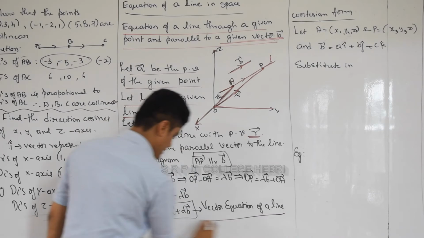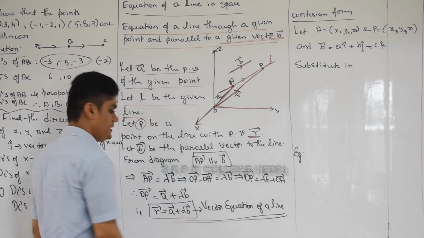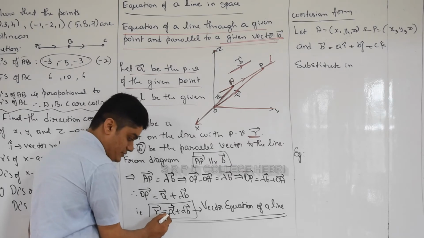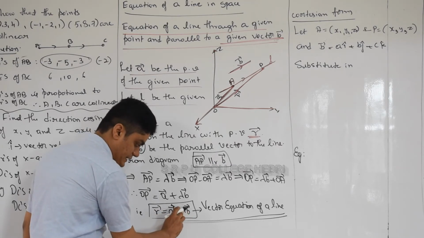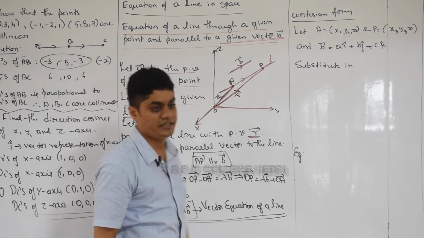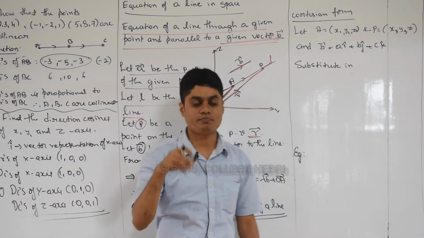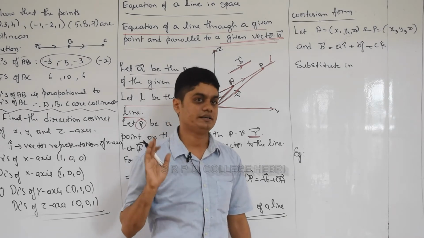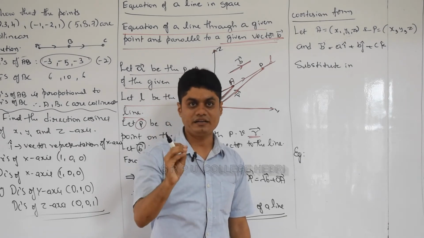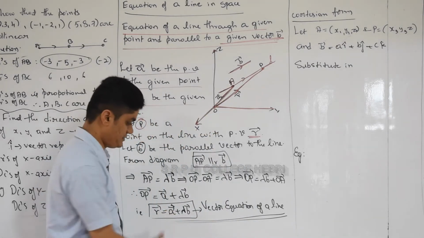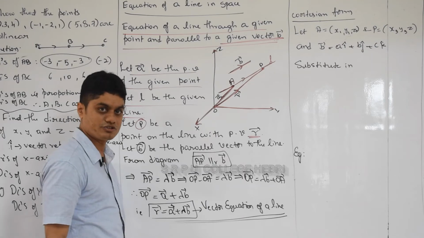This is known as the vector equation of the straight line when you know the position vector of the point on the line as well as the parallel vector b. When can we use this equation? When you know the position vector of a point on the line and the vector parallel to the given line, you can find the equation of the straight line in space using this formula. Understood what I'm telling?